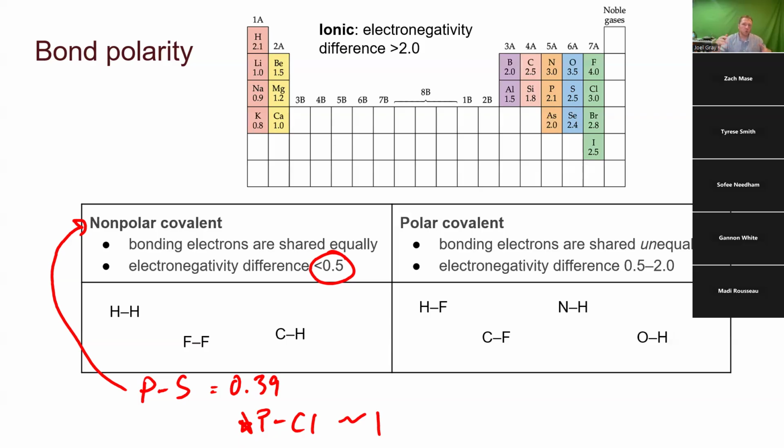Chlorine has a much greater electronegativity. So our difference of approximately 1, we're going to elevate to the next category. That electronegativity difference is between 0.5 and 2. Therefore, we would classify this as a polar covalent bond. Does everyone follow that? Give me a Y in the chat if you follow that.